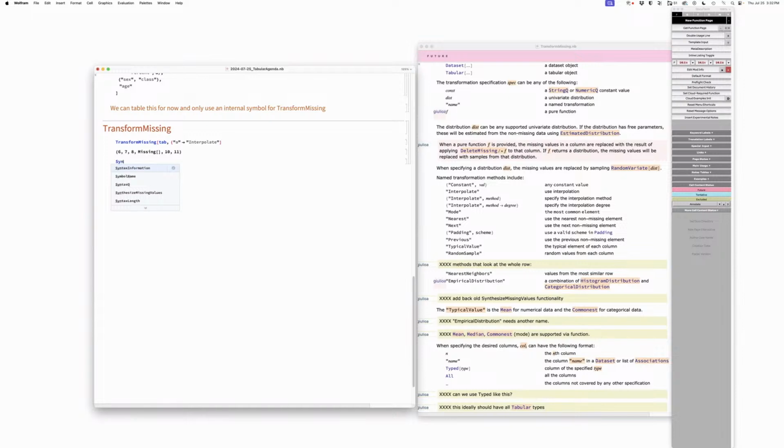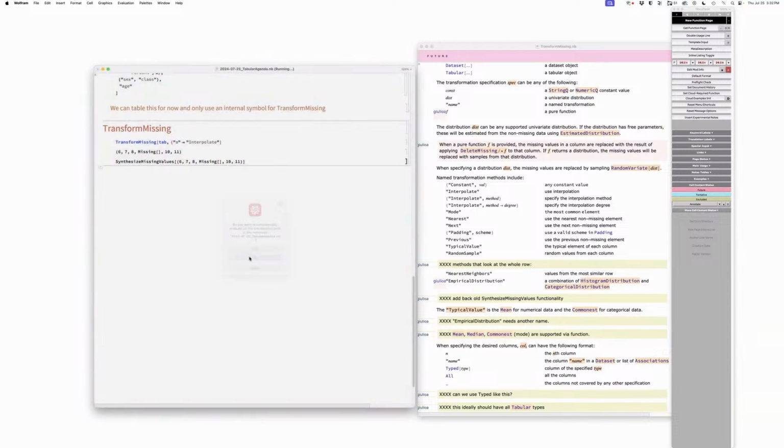See what I'm saying? So we have right now synthesized missing values, right? Which is an example of this, isn't it? I could say synthesized missing values of this thing here, right? You should be able to. And the reason why we're proposing something different is this is probably over-engineered.